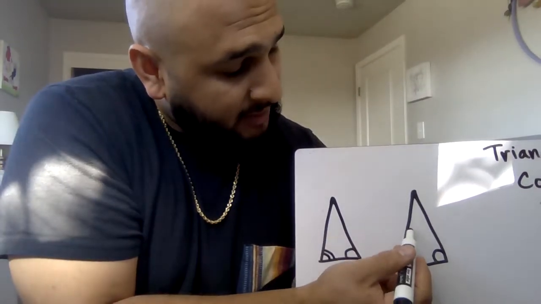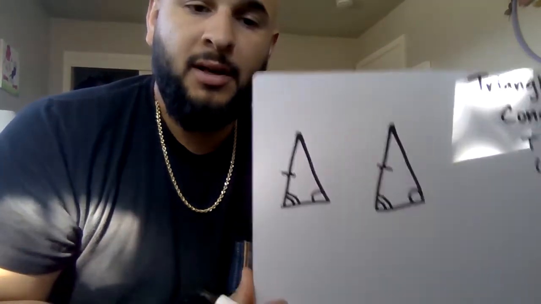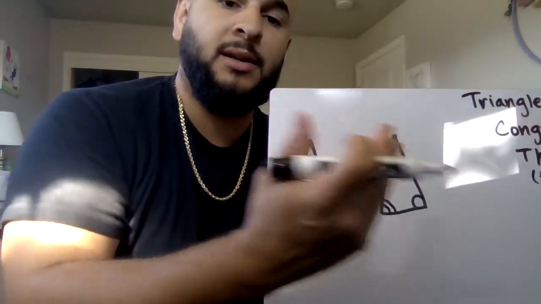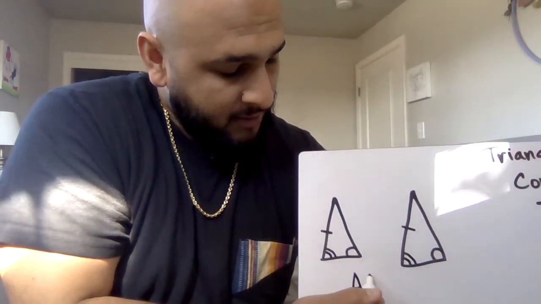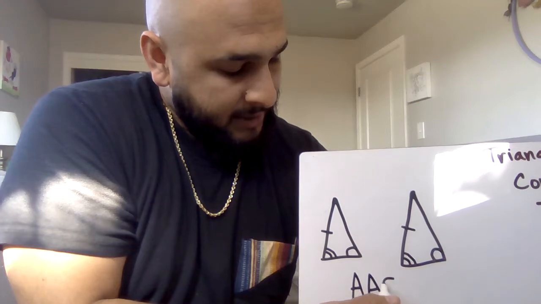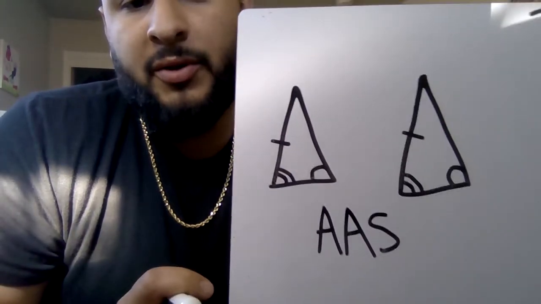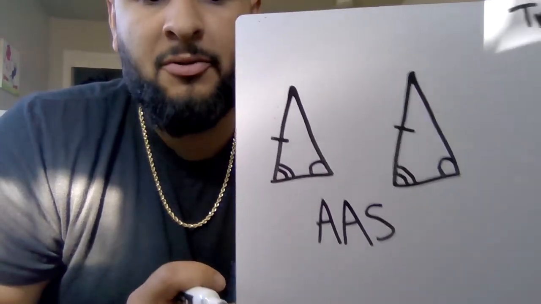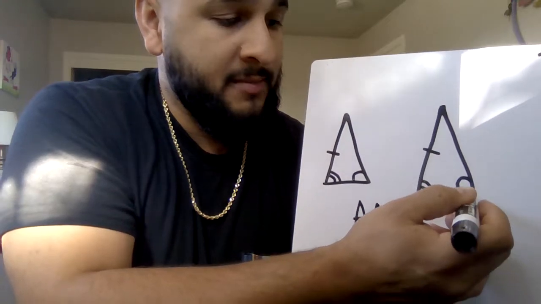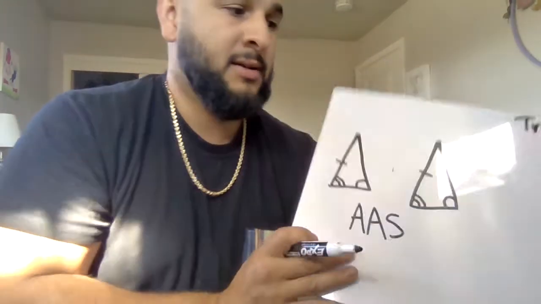But then if I tell you that this side here is the same as this side here, I have another congruence theorem that proves that these are congruent, and that is angle, angle, side. As long as I have those three pieces of information in the same spot, I can use angle, angle, side. And notice the order doesn't matter. It was angle, angle, side, angle, angle, side. Okay, last one.